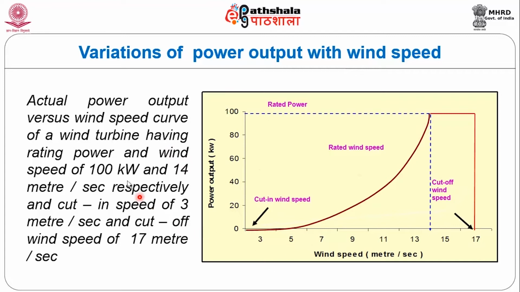The actual power output versus wind speed curve of a wind turbine has a rated power of about 100 kilowatt at 14 meters per second, a cut-in speed of 3 or 4 meters per second, and a cut-off wind speed of about 17 meters per second.